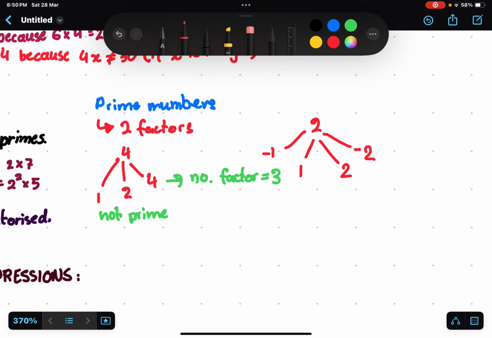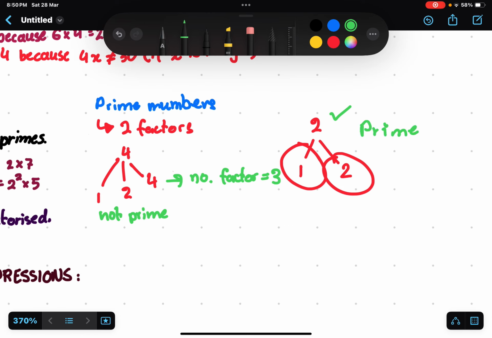So we're going to ignore the negative numbers for primes, and we're just looking at two positive factors. That's prime. So that's why 2 is prime.